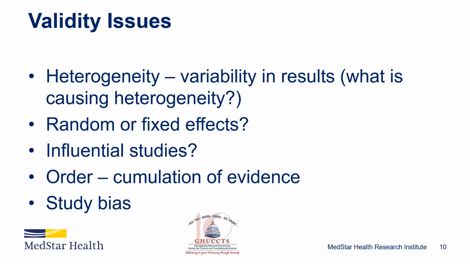And then also the order of the studies or the year in which they are published. In other words, is there accumulation of evidence, or do the year in which the studies were done or then published, how long a time between those studies? And then what we'll look at is also study bias.